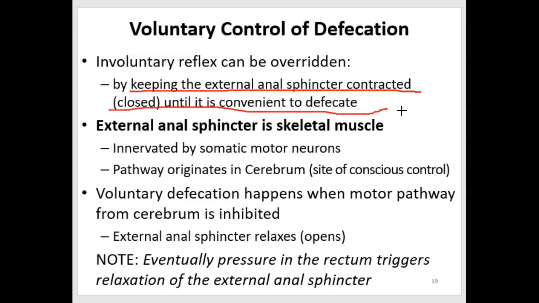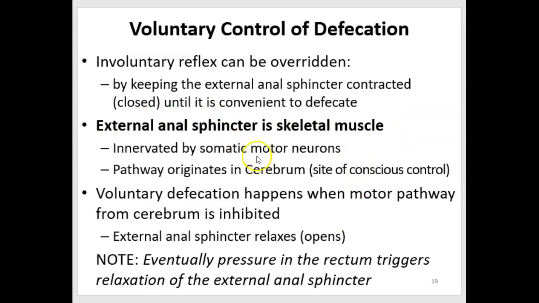It is going to involve some autonomic neurons, but that's going to be mainly sensory type stuff, and inhibiting some motor neurons of the autonomic nervous system. But we're just going to focus on what happens to the external anal sphincter, because as you might recall, it's made up of skeletal muscle. And so that means it's innervated by somatic motor neurons.